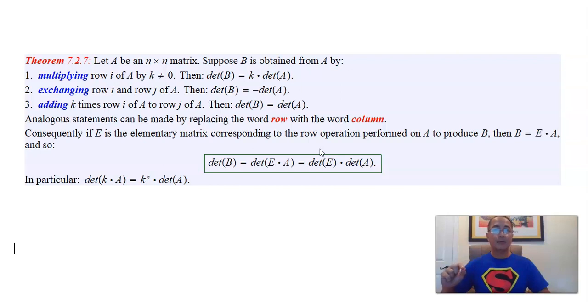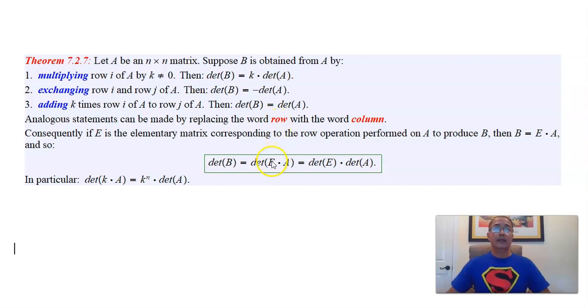So you perform exactly the same operation that you want to do on the identity instead of A, thus producing an elementary matrix E. So if E is this matrix corresponding to that row operation, then to produce B, you multiply A to the left by E. And what this theorem tells us, remember, is that k is the determinant of a type 1 operation, -1 is the determinant of type 2, and +1 is the determinant of type 3.